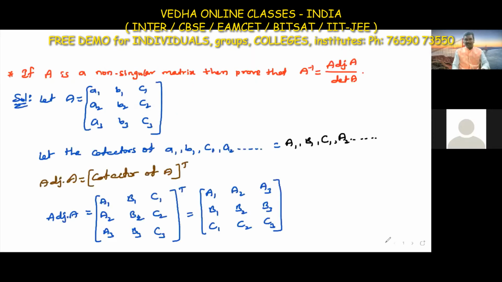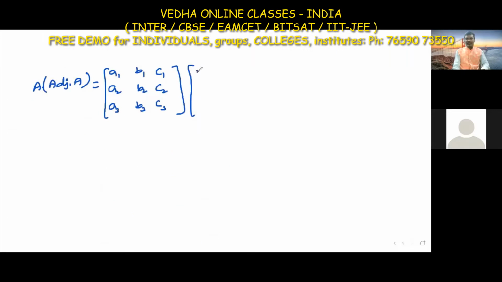What is the adjoint A matrix? Take capital letters: A1, A2, A3, like that B1, B2, B3, and next C1, C2, C3.